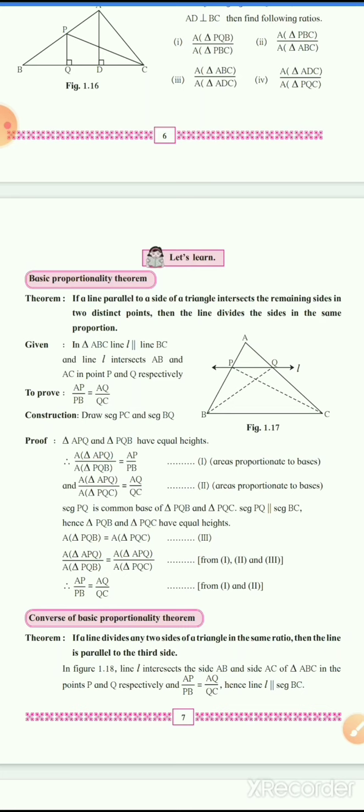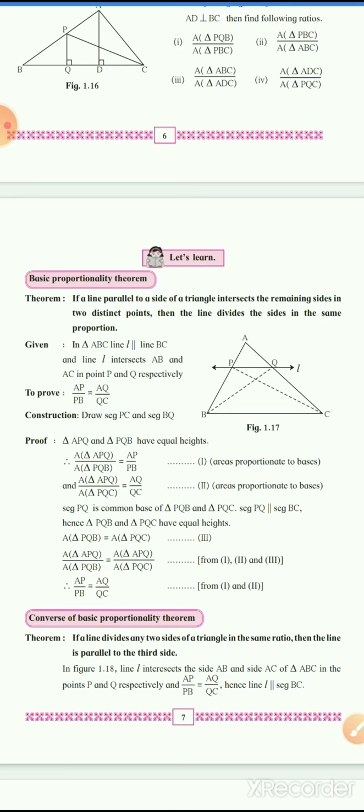So area of triangle APQ upon area of triangle PQC is equal to AQ upon QC. Statement number 2.